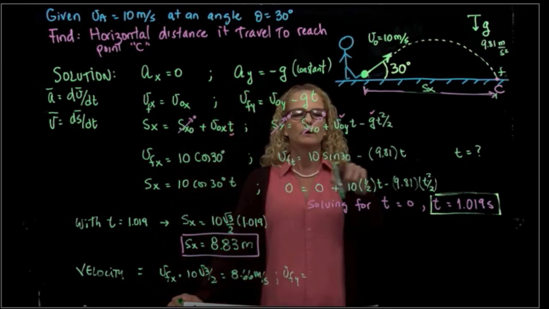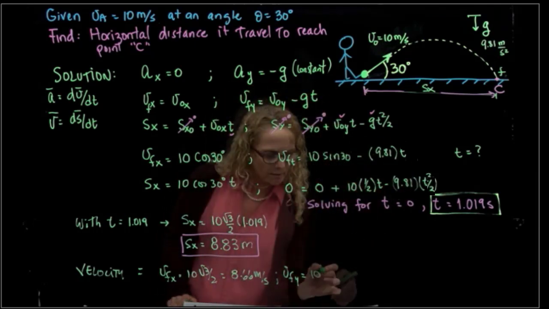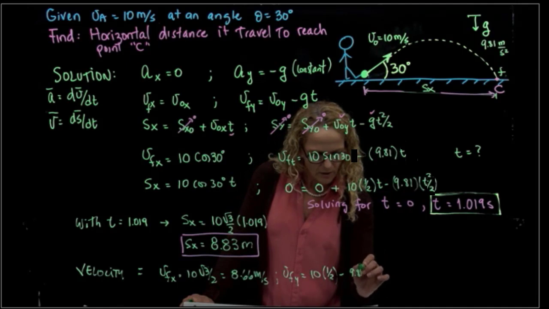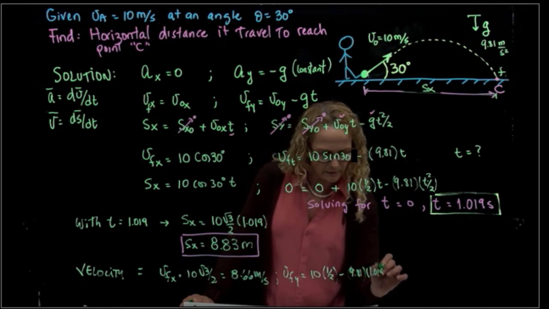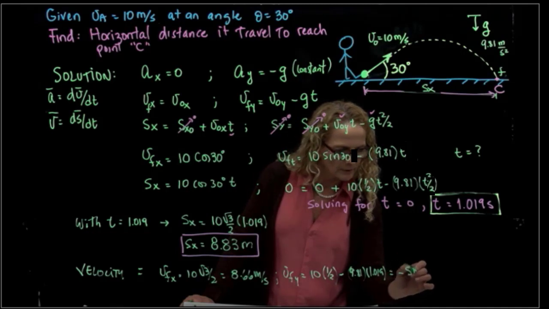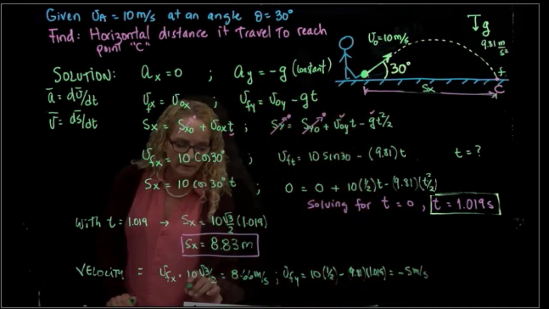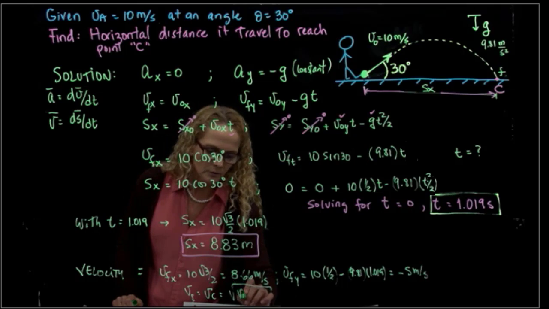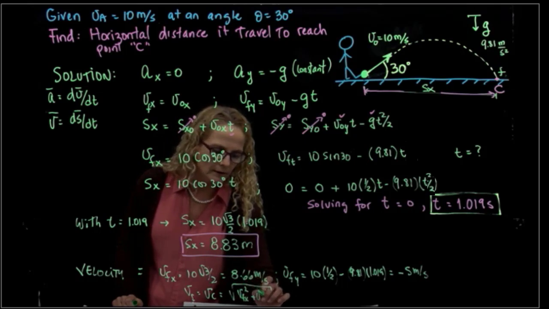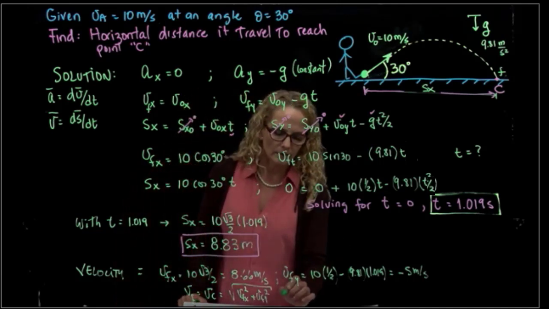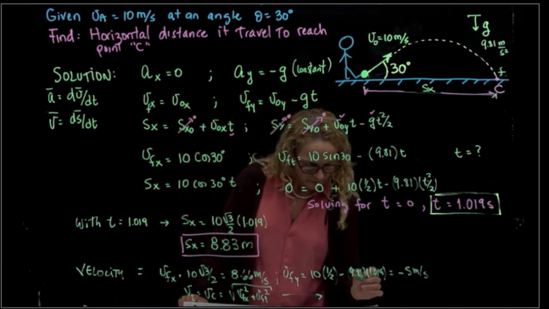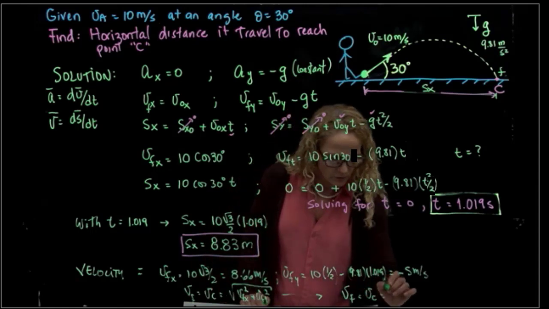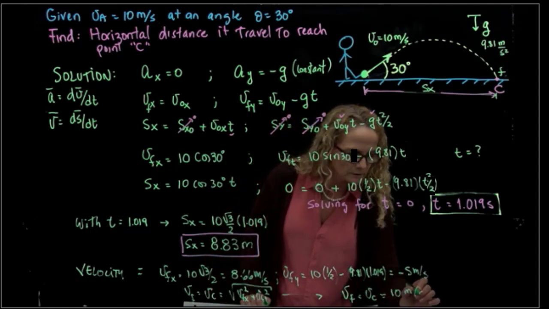We have it right here, so we plug our time in this expression: 10 times 1/2 minus 9.81 times 1.119, and I get this is -5 meters per second. And the velocity in C is the square root of the components, so it will be final x squared plus final y squared. And at the end, if I calculate that, I get that the final velocity, which is the velocity in the position C, is equal to 10 meters over second.